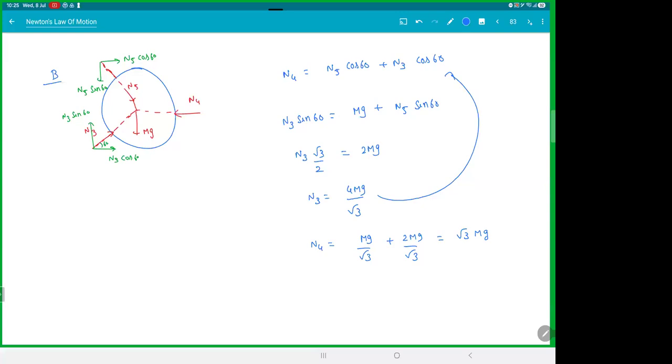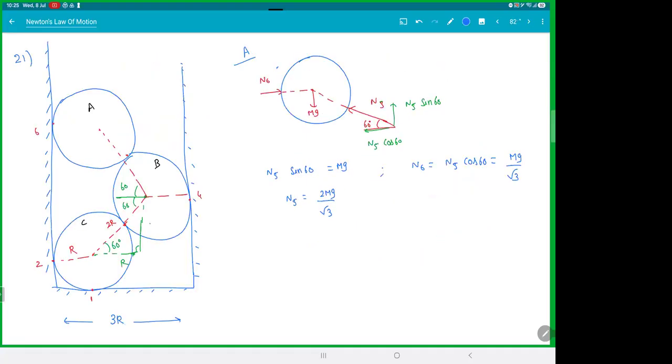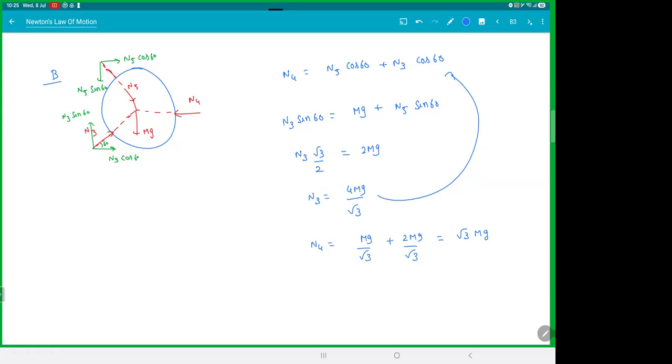Weird. I could be wrong there. And I'm not getting a feeling for root 3 mg. What else went wrong? N5 cos 60 and N3 cos 60 is then 4. This is fine. Maybe right. I'm not sure.